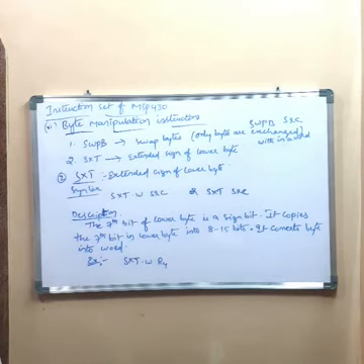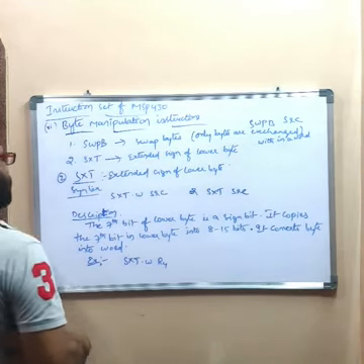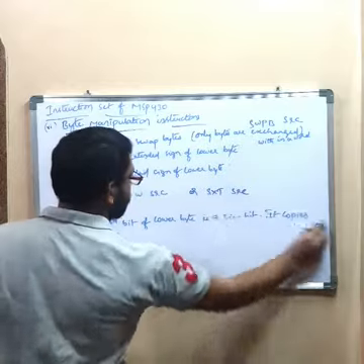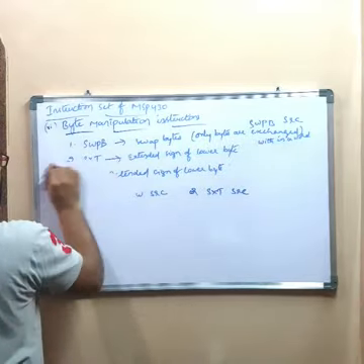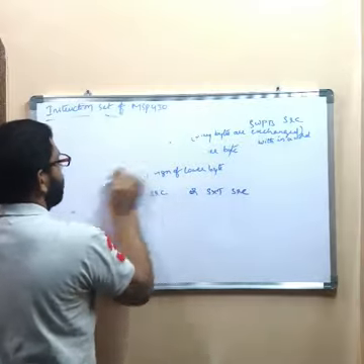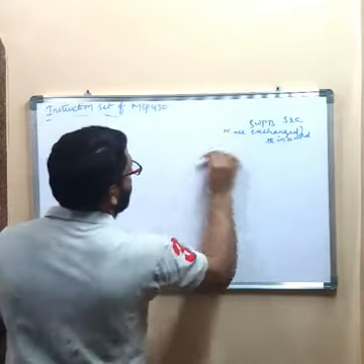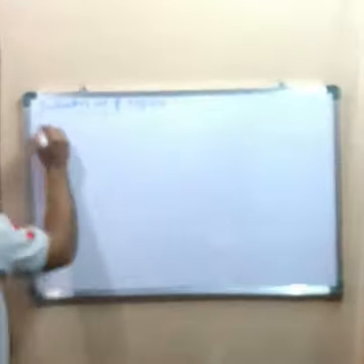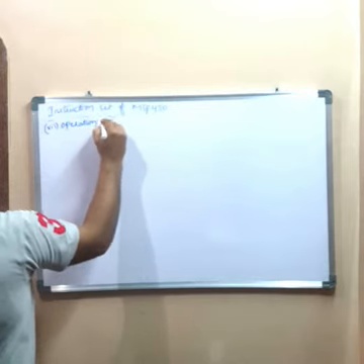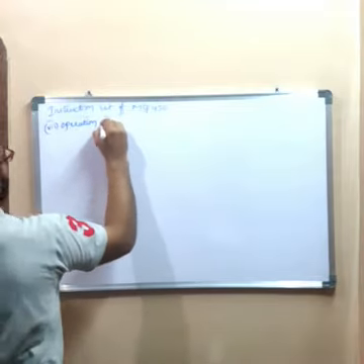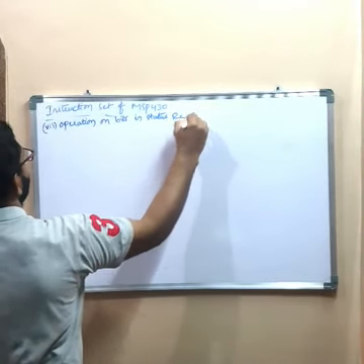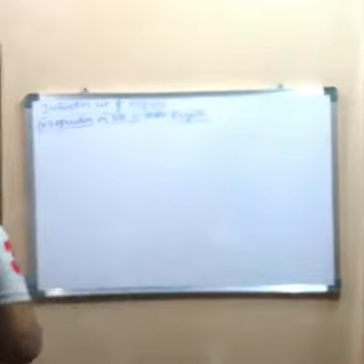So what is the next category we have? The next category we have is operation on bits in status register.